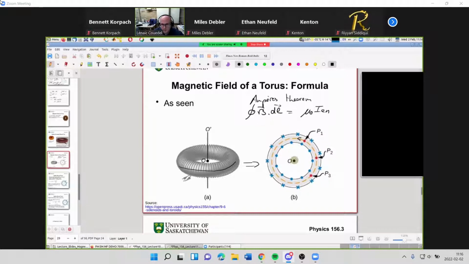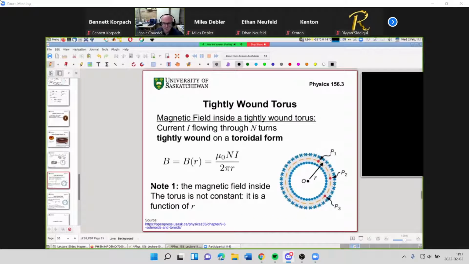So if we call this R, this is just equal to 2 pi R times B. And I enclosed is the total number of turns of wire in your toroid, mu 0 N I. So N is the total number of turns in the toroid. And the result is immediate, okay? You can directly extract B equal mu 0 N I divided by 2 pi R, okay?